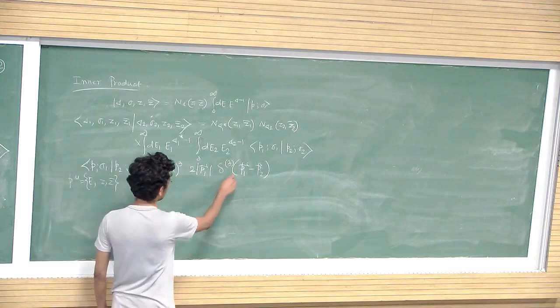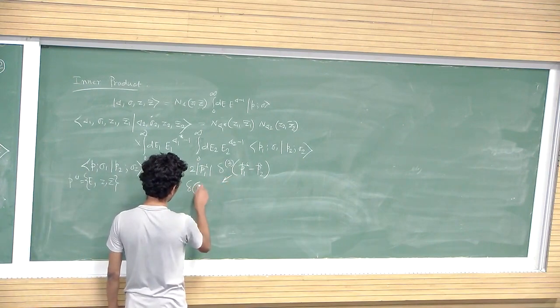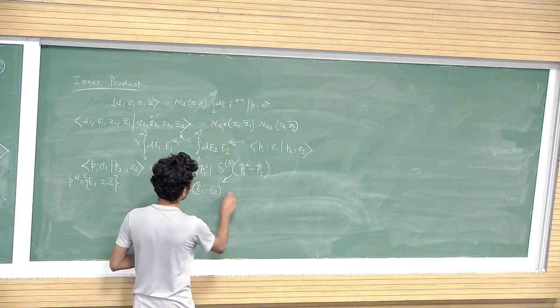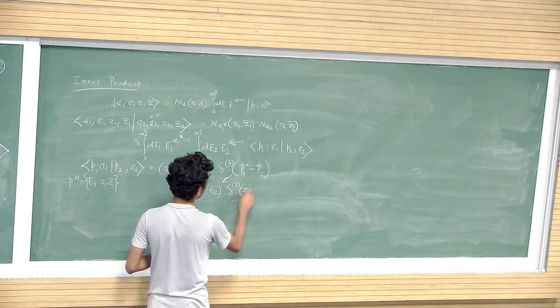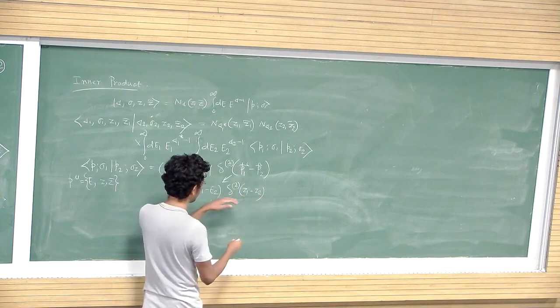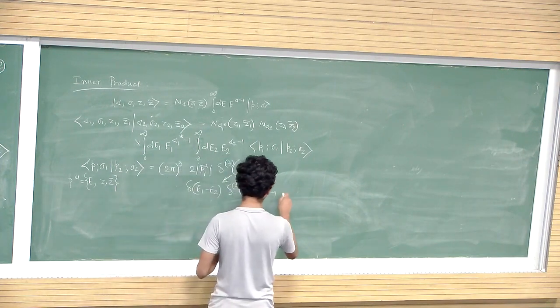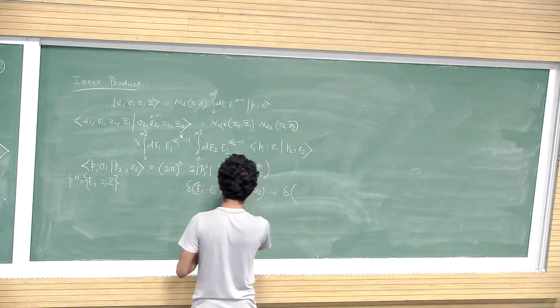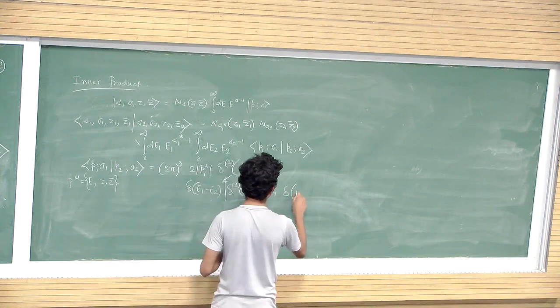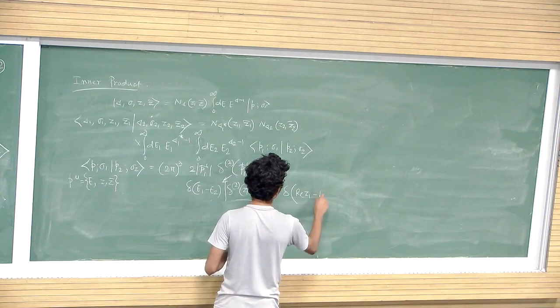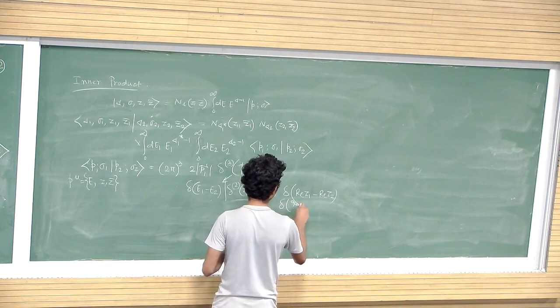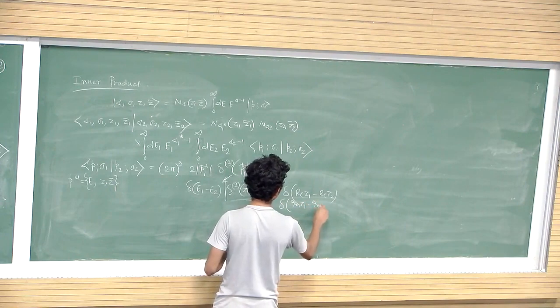There will be this 3 delta function. It will become delta of E1 minus E2, so one E1 integral you can do, and the other becomes delta 2 of Z1 minus Z2, meaning delta of real Z1 minus real Z2, delta of imaginary Z1 minus imaginary Z2.